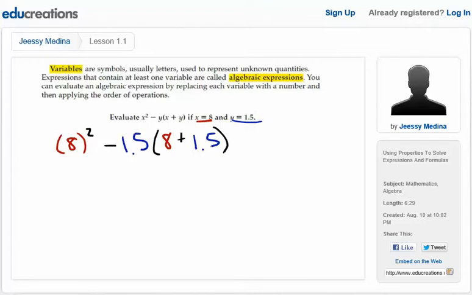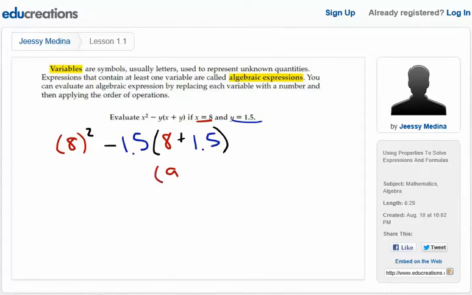Right? So in order to simplify this, we have to follow the order of operations, and we have to do what's inside the parentheses first. So the 8 plus 1.5 becomes 9.5, right?